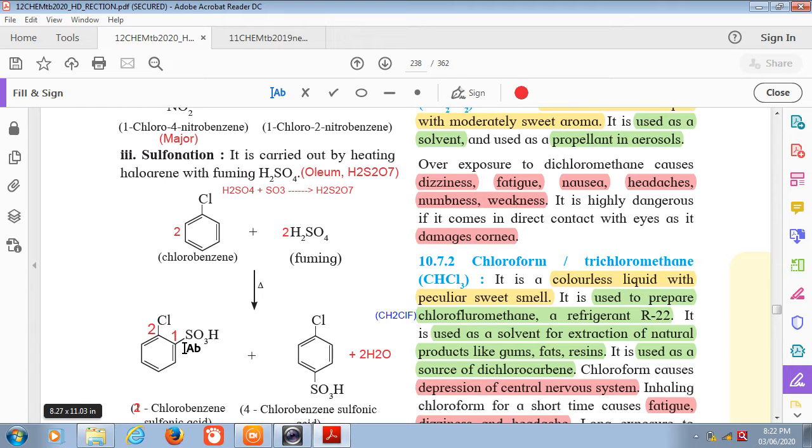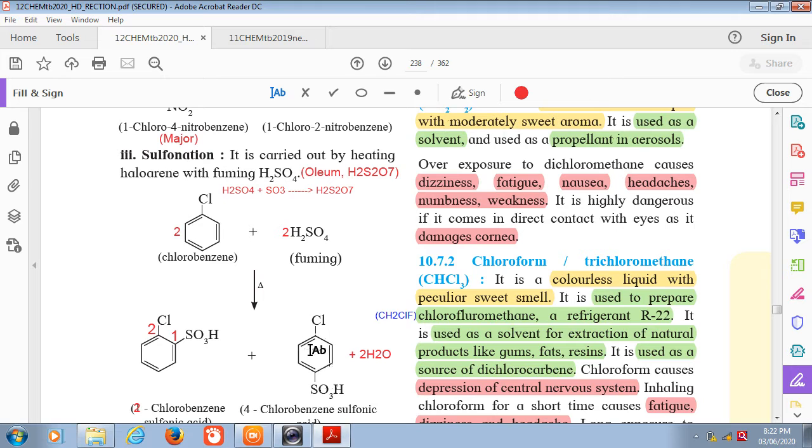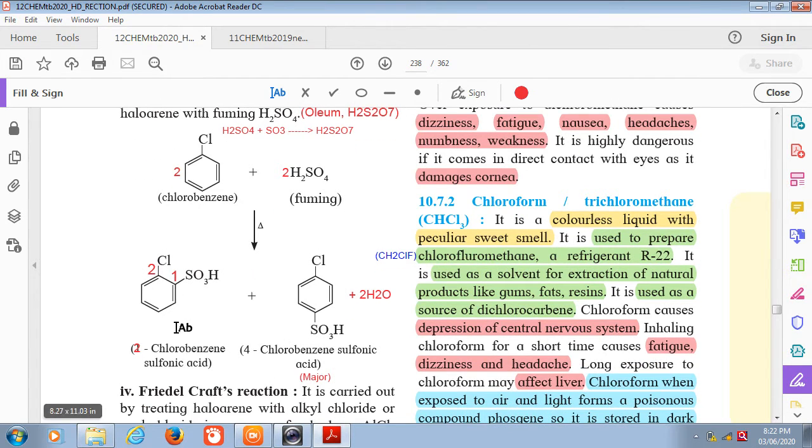So substitution will take place at ortho with respect to this chlorine and at para. So at the 1,4 position we get a substitution, but while writing the name of this, we have to change the numbering.